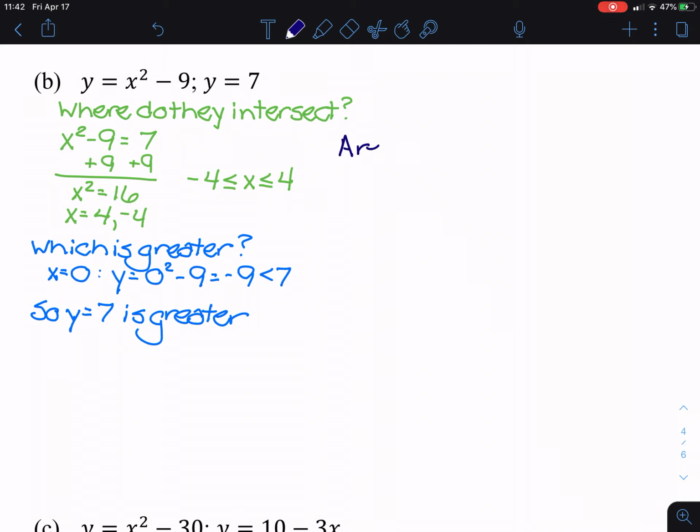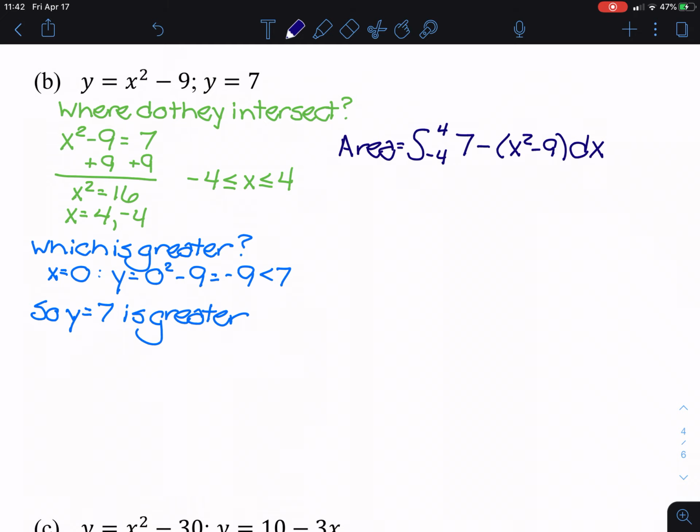So my area is going to equal the definite integral from negative 4 to 4 of 7 minus x squared minus 9 dx. Now again, I have to simplify this down.